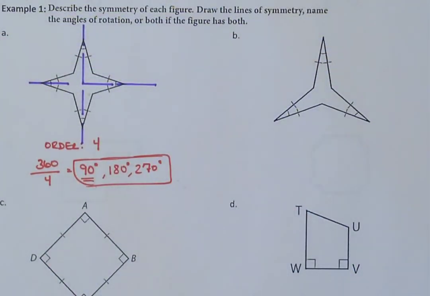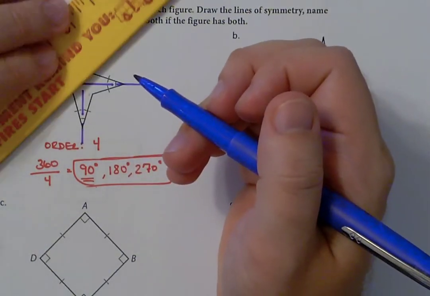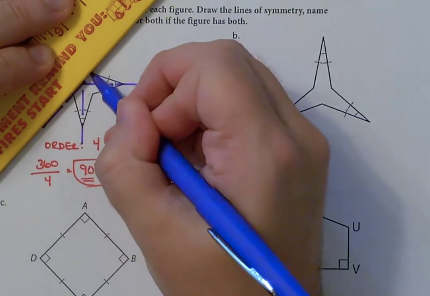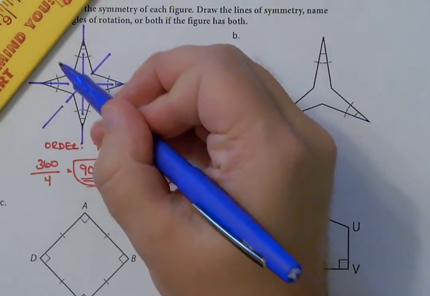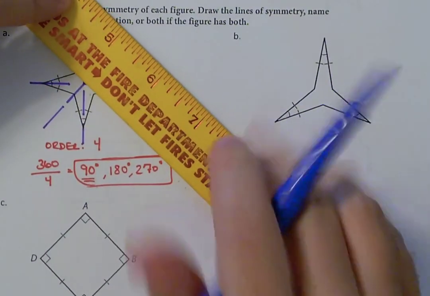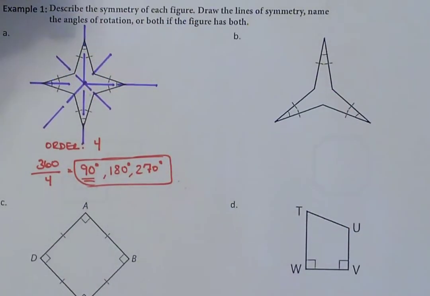So that's my second line of symmetry. I can cut through diagonally for this one. And then I can also go through the other way diagonally. And that is my other line of symmetry.